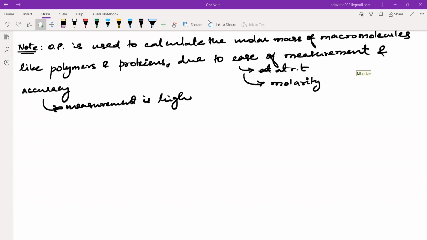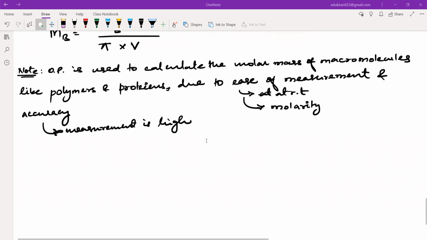Okay, is everyone done? See, measurement is high, it means osmotic pressure will give you a large, direct value. But for elevation in boiling point, you can't do it.